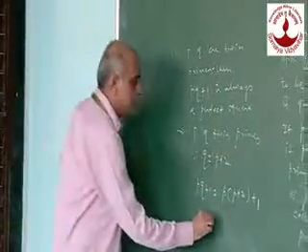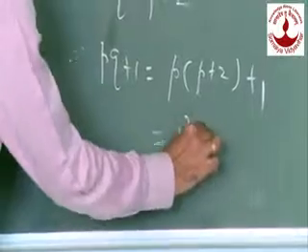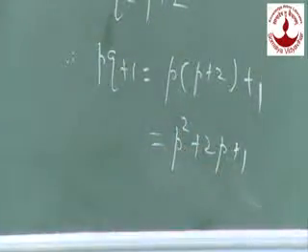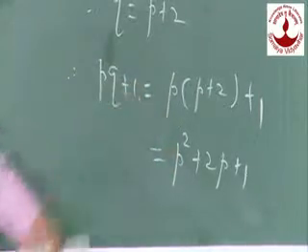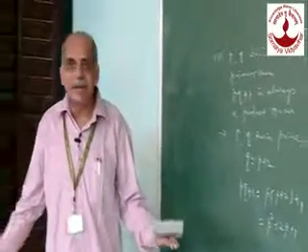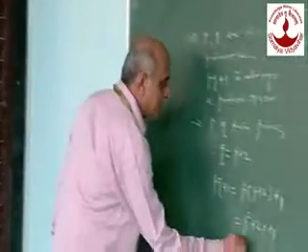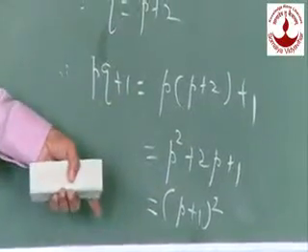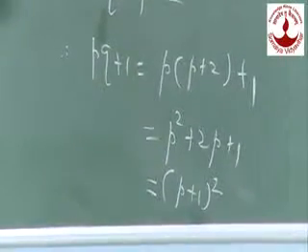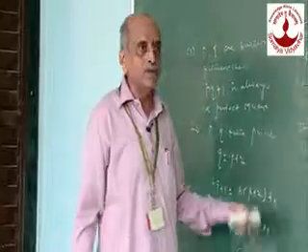Just open the brackets: P square plus 2P plus 1. This is nothing but the standard identity, A plus B whole square equals A square plus 2AB plus B square, so this is nothing but P plus 1 whole square, which is a perfect square. So the product of twin primes plus 1 is always a perfect square.